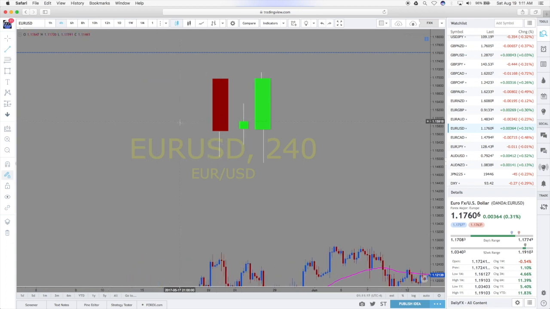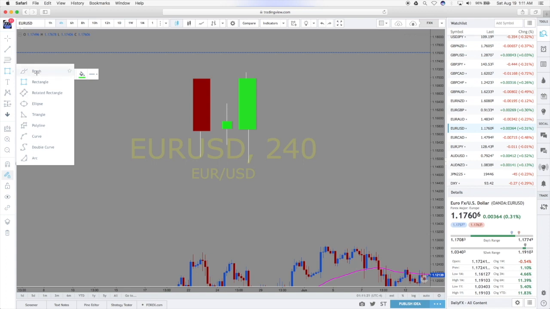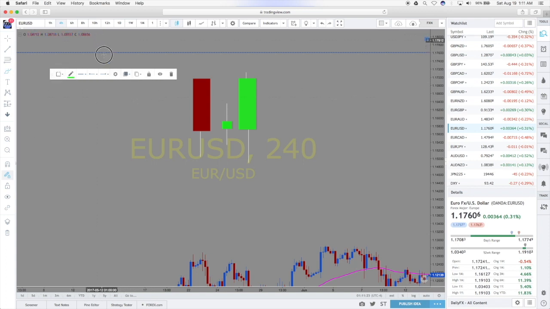And this is assuming that price is basically coming from a downtrend. So let's just say price is doing this, right? And then we see a nice big bearish candle, and then it's followed by an indecision candle, and then it's followed again by a bullish engulfing candle.